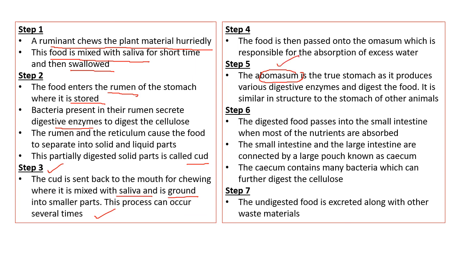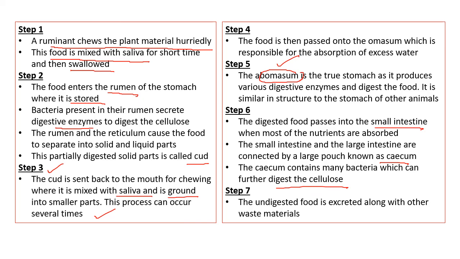This chamber, abomasum, is similar to the stomach of other animals like humans. Then this food goes to the small intestine where all the nutrients are absorbed. And there is another part called the cecum, a pouch between the large intestine and small intestine, where a lot of bacteria are there to digest the cellulose.